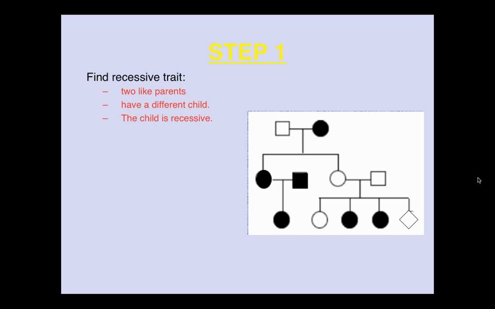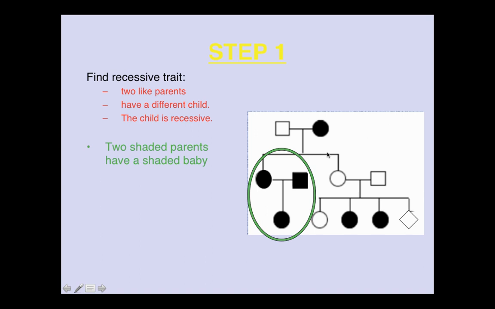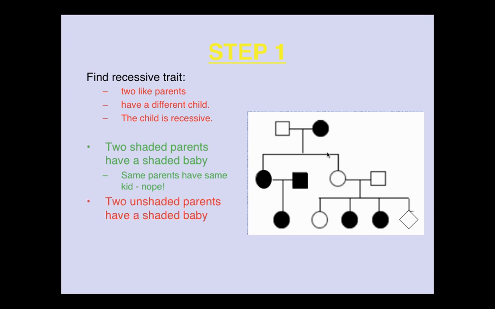So let's start with it. First, we're going to find the recessive trait. Two shaded parents that have a shaded baby. Well, here's two parents that are the same, but their babies are the same as they are. So no. And then two unshaded parents that do have a shaded baby are right there. So here's two unshaded parents that have a shaded baby.